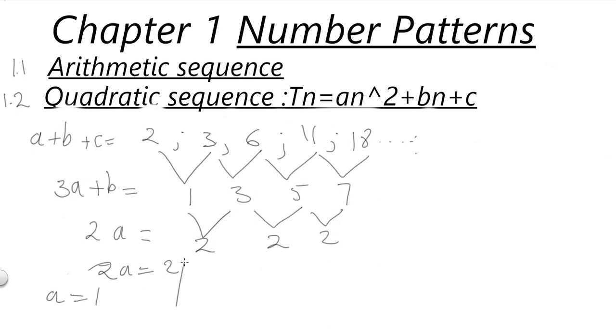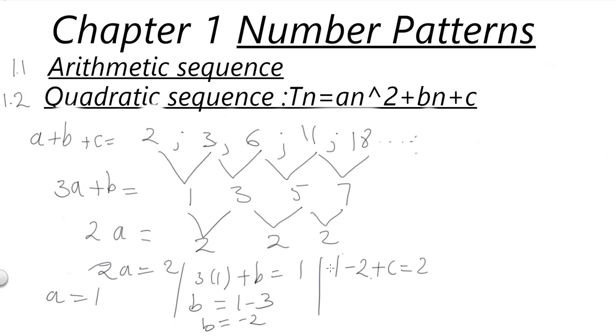Then we have 3a, we put 1 plus b equal to 1. So b equal to 1 minus 3, so b is equal to minus 2. Then c: a is 1, b is minus 2, plus c equal to 2. So here will give you minus 1, and then c will be equal to 3.